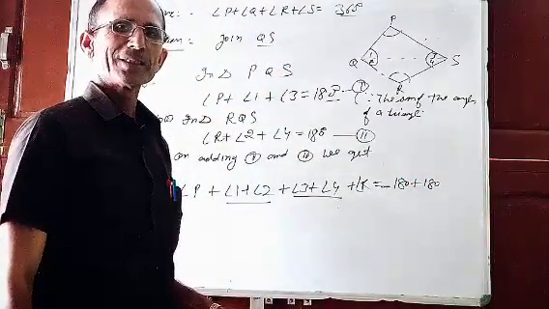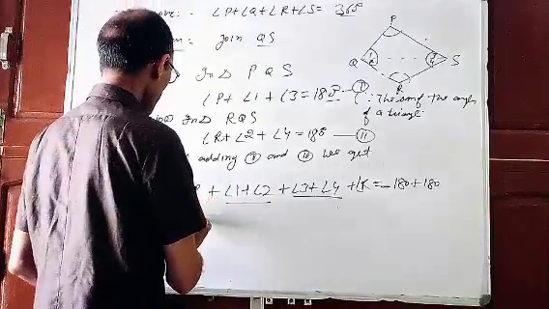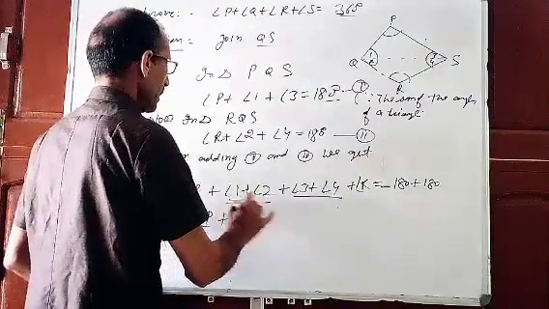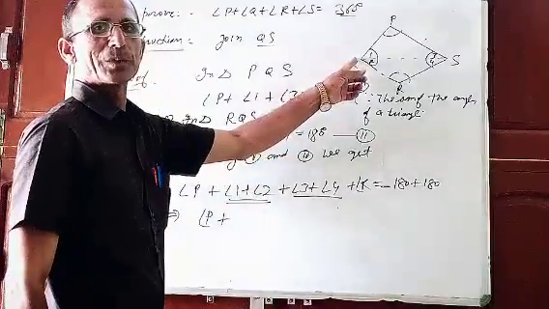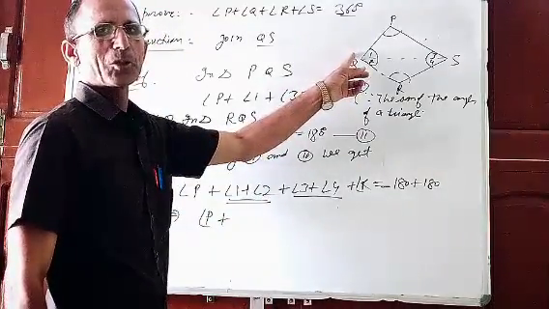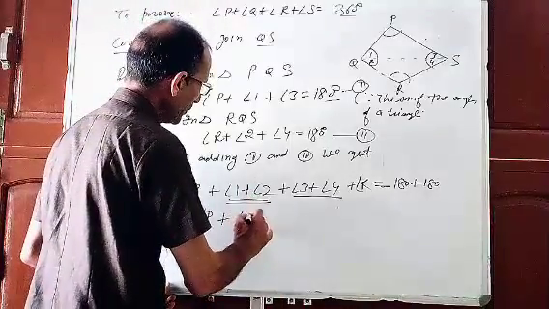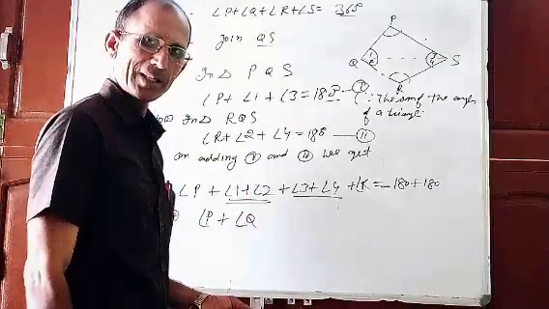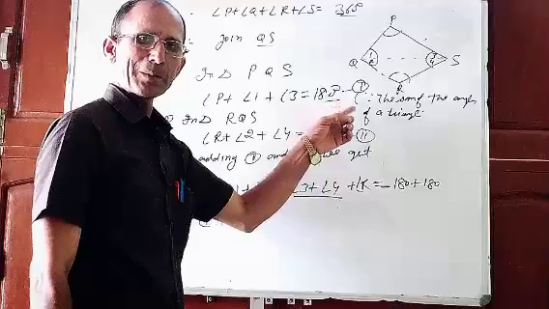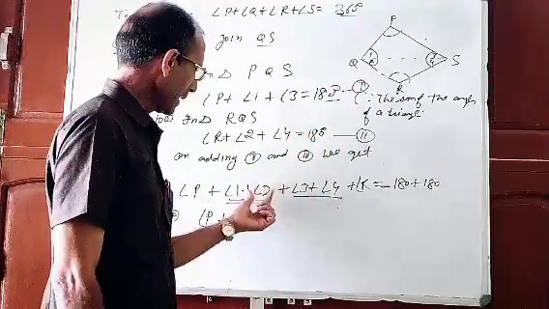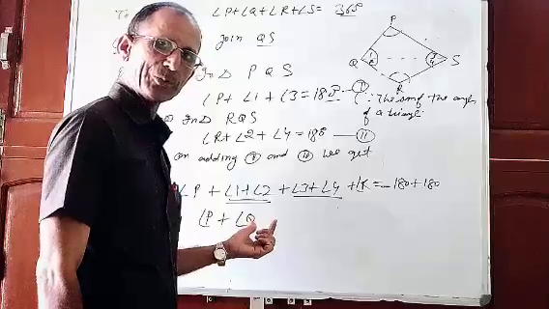Are you understanding? Yes. So angle 1 plus angle 2, if I add both the angles, their total will be equal to angle Q. If I write here angle Q, that will not be wrong. This is right? Yes, because angle 1 plus angle 2 total will be equal to angle Q. So I replace by angle Q.